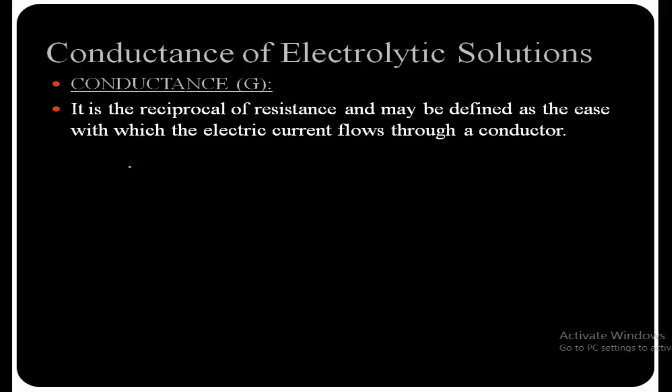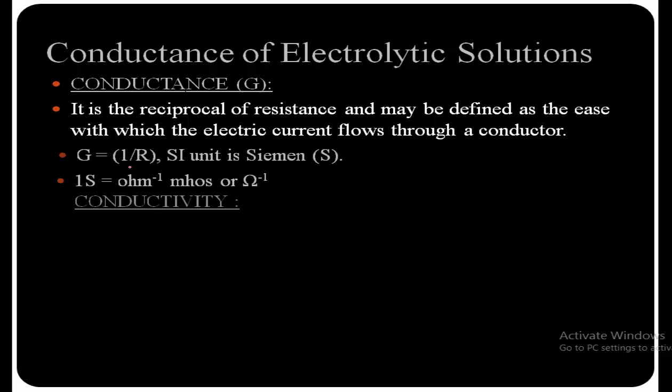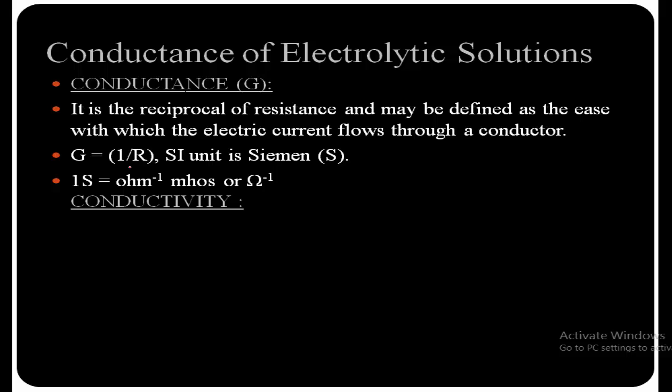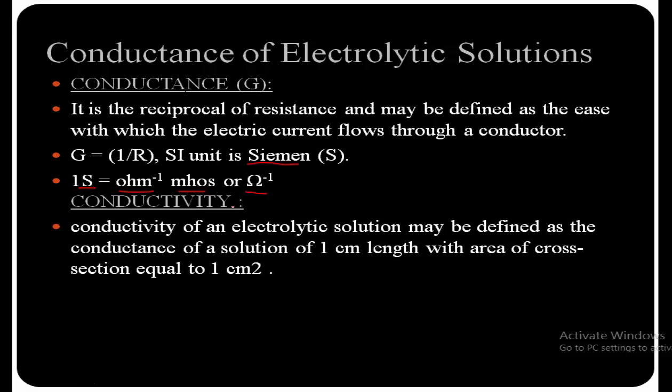It is denoted as capital G, and the SI unit is Siemens. 1 Siemens is equal to per ohm or mhos, or it is indicated by this symbol.